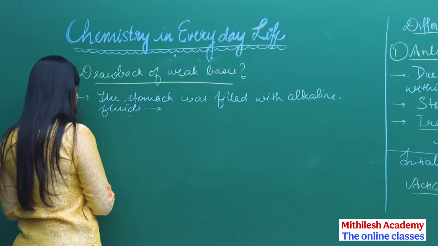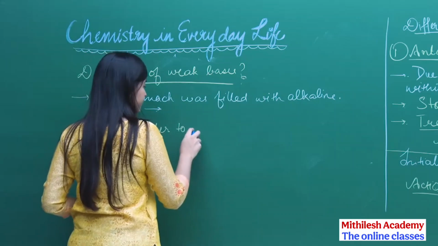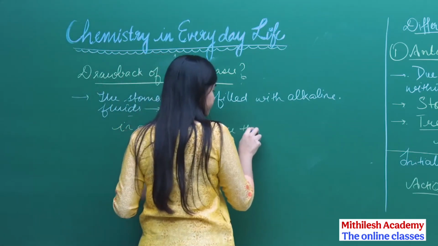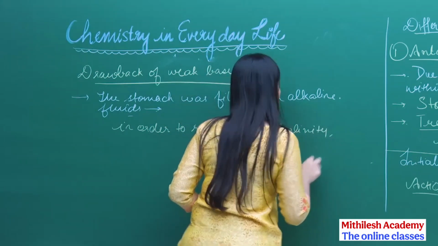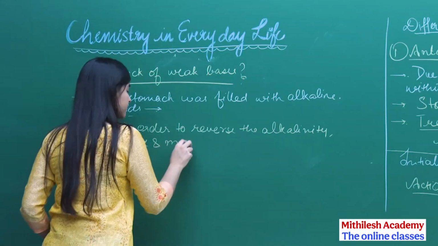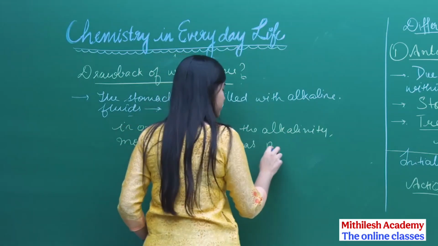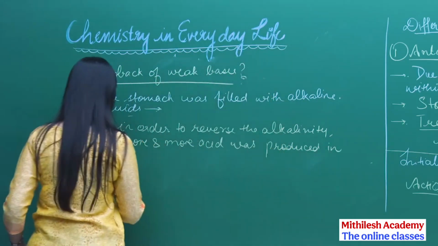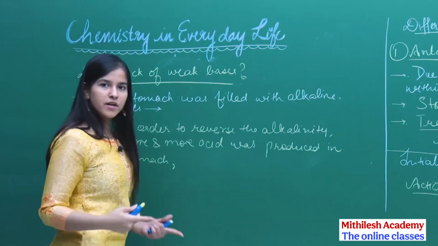So, in order to reverse the alkalinity, more and more acid was produced in the stomach, leading to what?